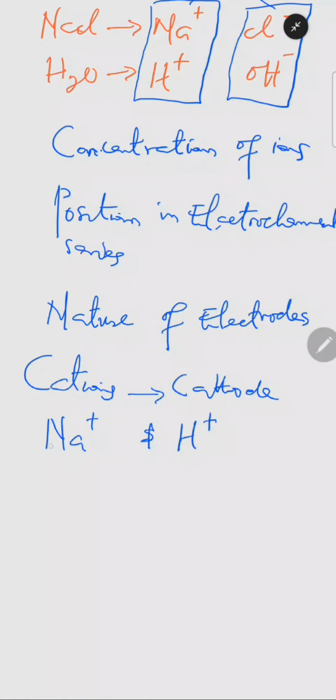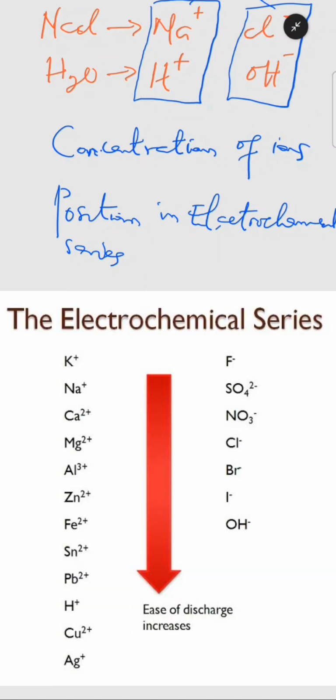Which of these two are we going to discharge? Now, if you look at the series on the screen, you will discover that sodium is higher than hydrogen in the series. Hydrogen is below sodium. So therefore, hydrogen will be discharged, while sodium will remain in solution, because sodium is higher than hydrogen.